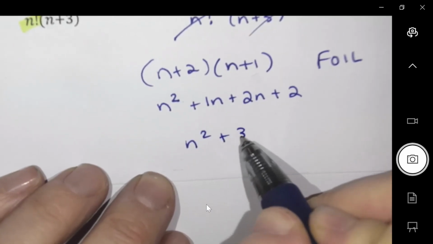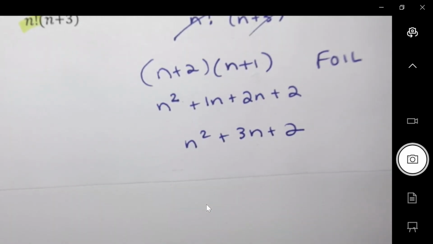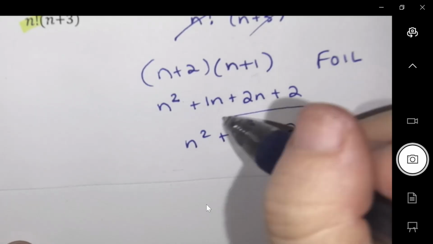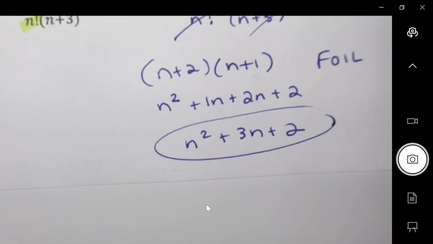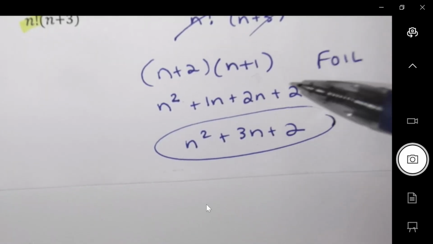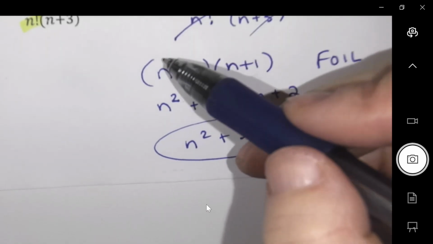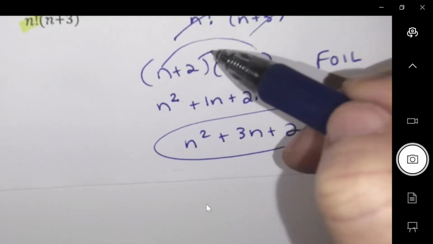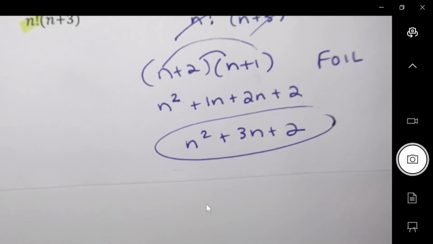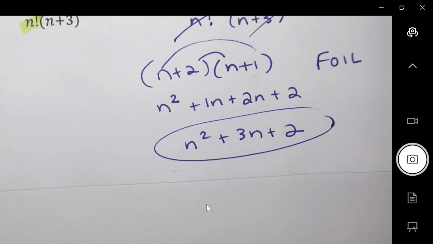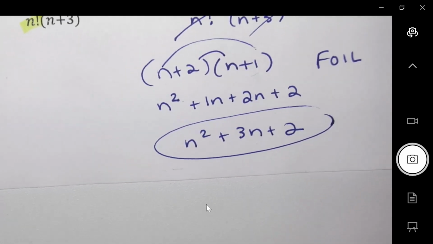See if you can FOIL that through. Multiply the first, the outsides, insides, and last. That's as pre-calcy as we're going to get in this unit.